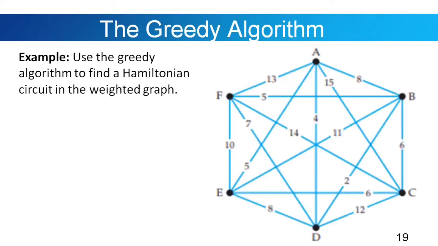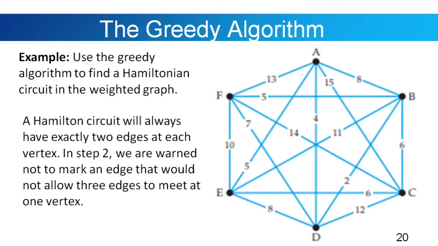Example: use the greedy algorithm to find a Hamiltonian circuit in the weighted graph. A Hamiltonian circuit will always have exactly two edges at each vertex. In step 2, we are warned not to mark an edge that would not allow three edges to meet at one vertex.